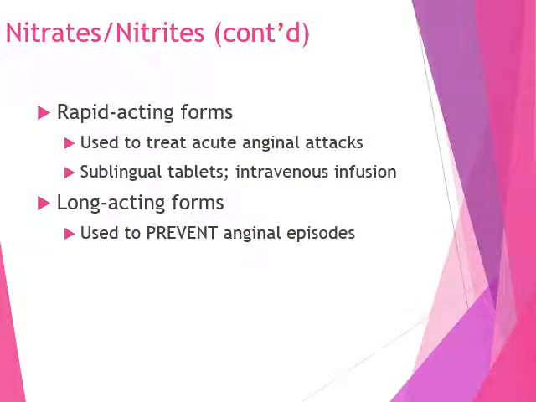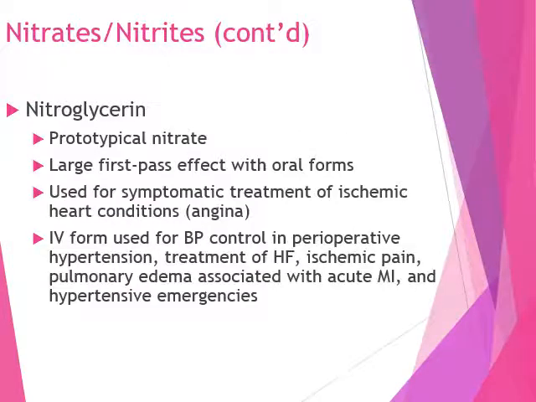You have rapid-acting forms used to treat acute anginal attacks, which include our sublingual tabs and our IV infusions, and we have our long-acting forms used to prevent anginal episodes. So nitroglycerin is a prototypical nitrate.